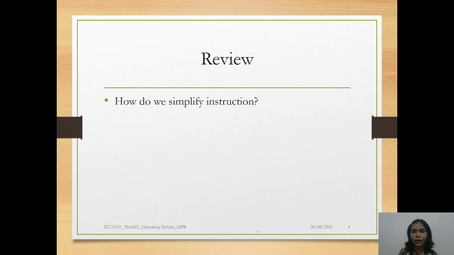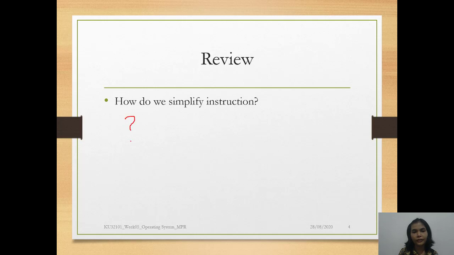So, as a very quick review from last week's material, as you know, the topic was about the application programs, and then we were talking about how to give effective instruction, and then there's also a slide where we did discuss about how to simplify instruction. And I reckon with this question, how do we simplify instruction, right now you can actually answer this question.